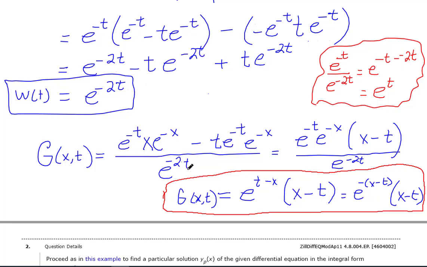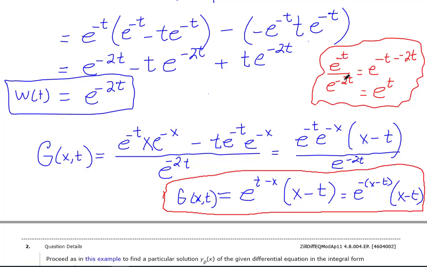If you look at the top, what's in common you could factor out is e to the minus t, e to the minus x, leaving you x minus t. Now at that point, we have e to the minus t over e to the minus 2t.